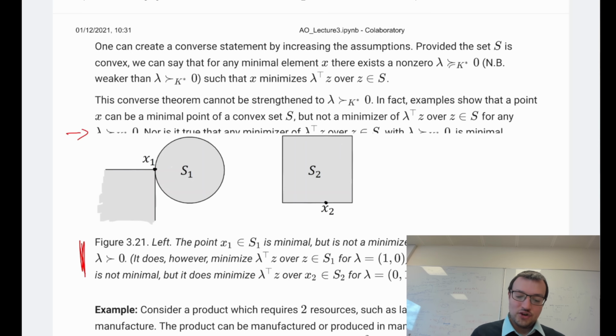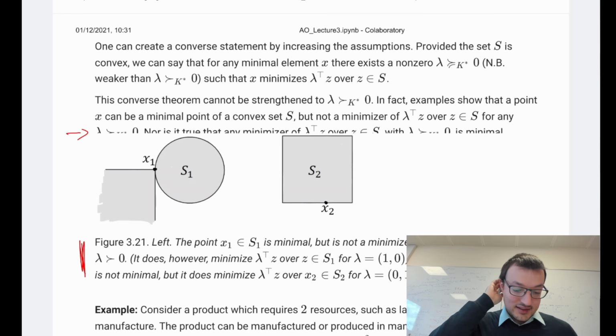One can create converse statements by increasing the number of assumptions. So we can create statements in which minimal points are characterized in exactly that way by adding assumptions.